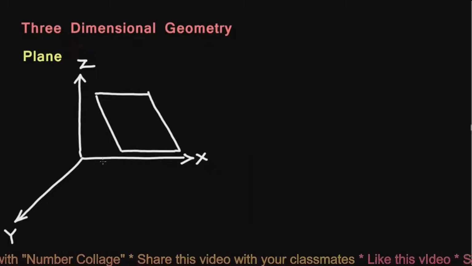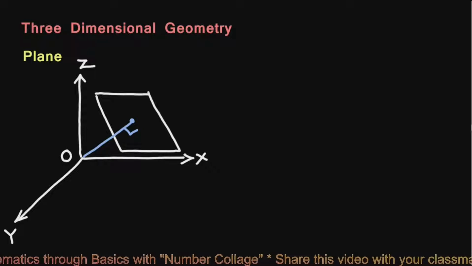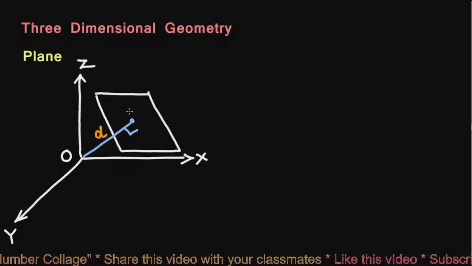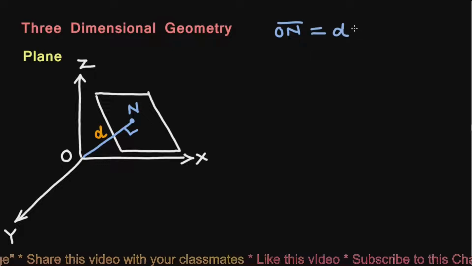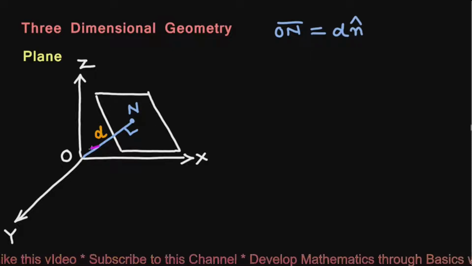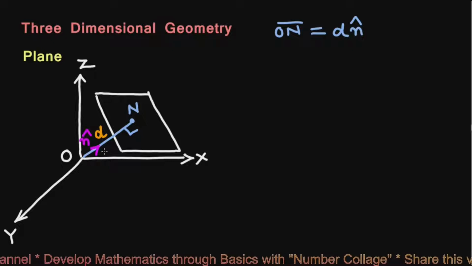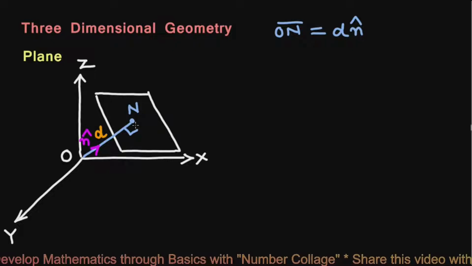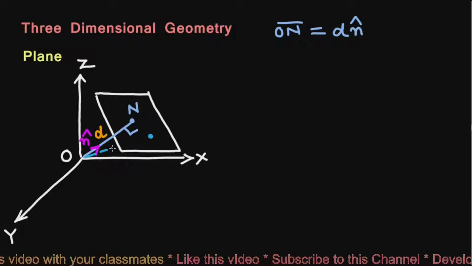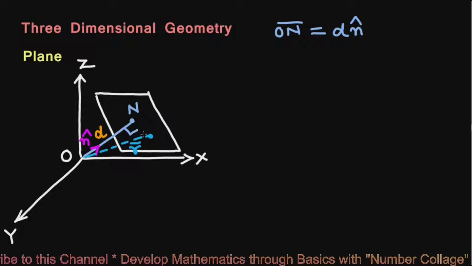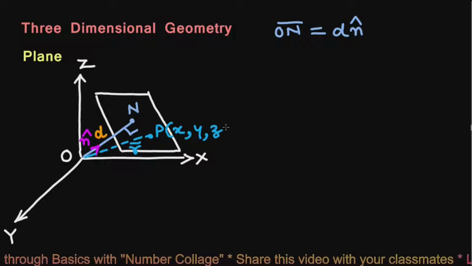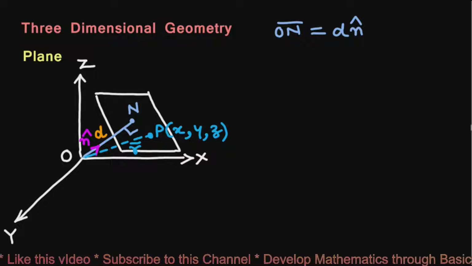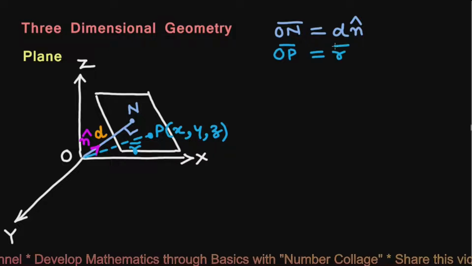Consider a plane at perpendicular distance d from the origin, so that vector ON bar will be equal to d n cap, where n cap is the unit vector in the direction of ON bar. Consider r bar to be the position vector of any point P(x, y, z) on this plane, so that OP bar equals r bar.